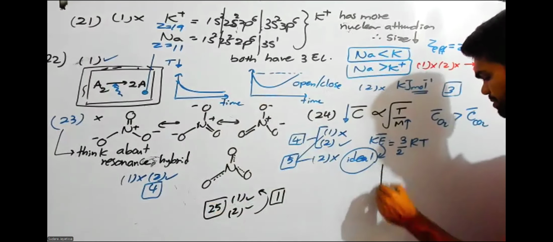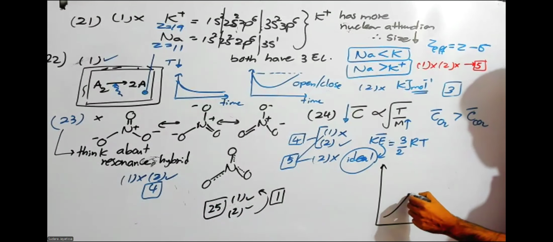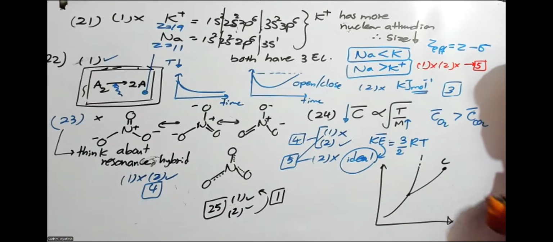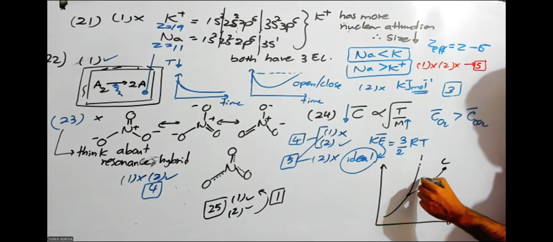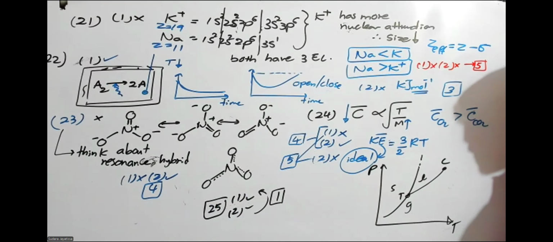I'll roughly tell you how it is happening. So this is your phase diagram. This is your critical point, C. Here you have liquid, gas, solid, your triple point, with temperature on this axis and pressure on this one. So what are they telling?